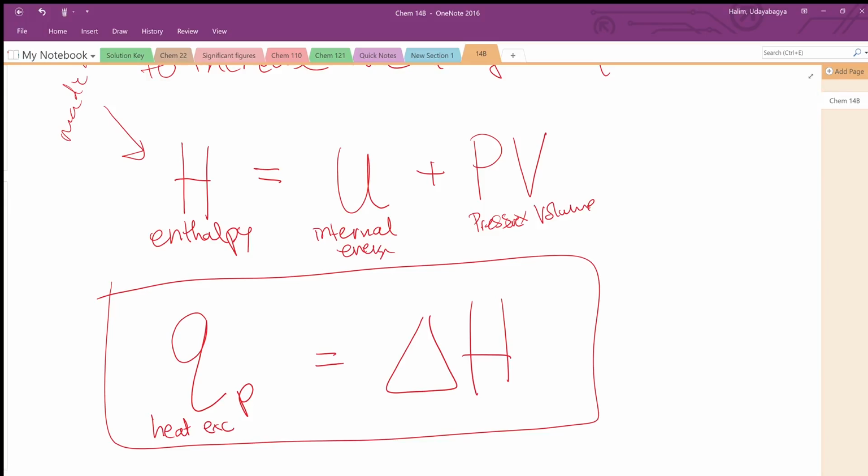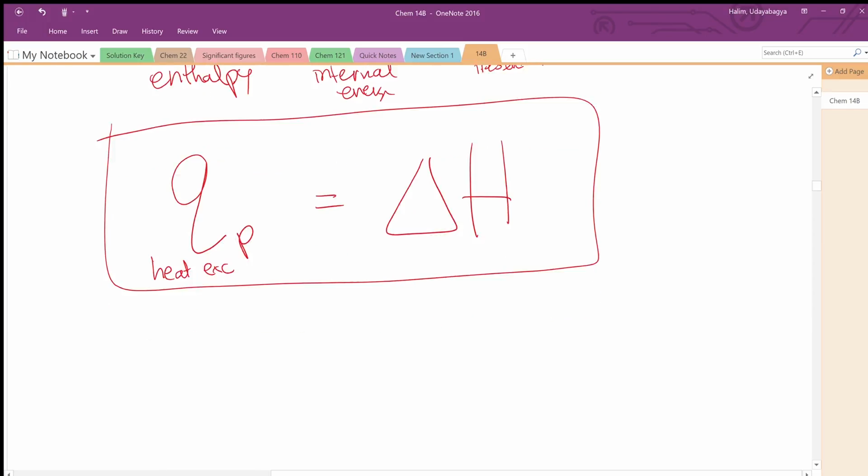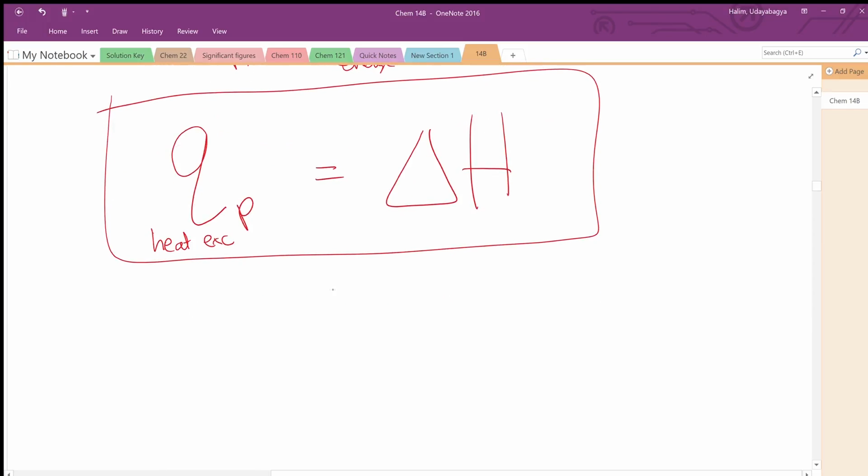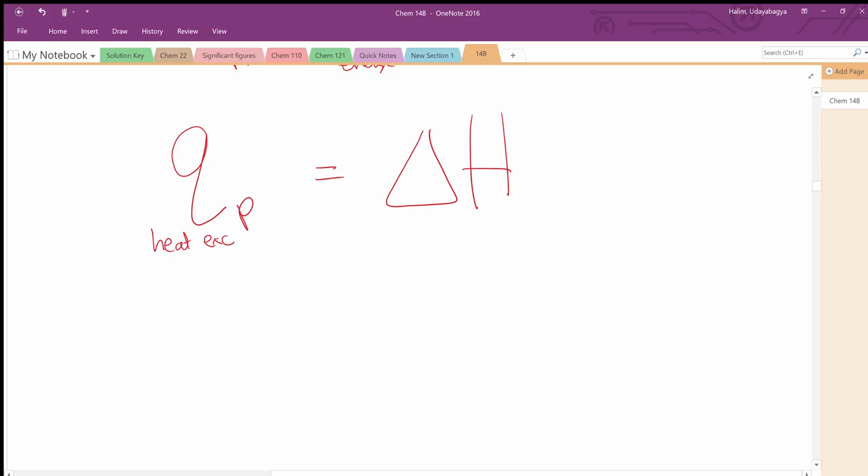That way, if we can tabulate some values at a constant pressure, then we can still get the amount of heat. And we also define this to be n times Cp delta T, and the P here is constant pressure.